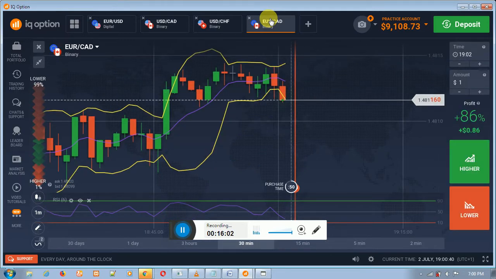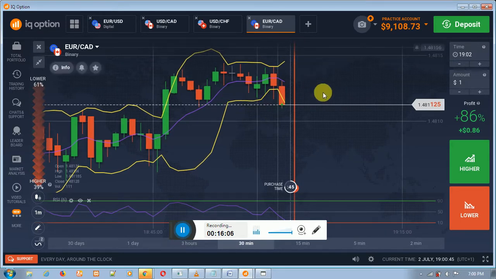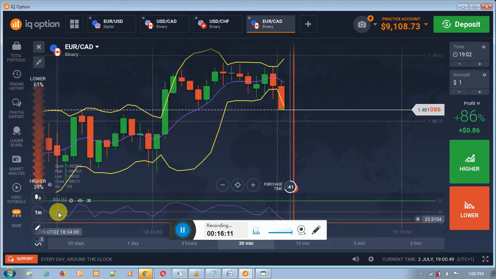The Bollinger Band here is too close. Don't even bother to trade here at all. As you can see, the whole thing is just flying up. It's not touching down, so you don't even dare to trade this kind of market.